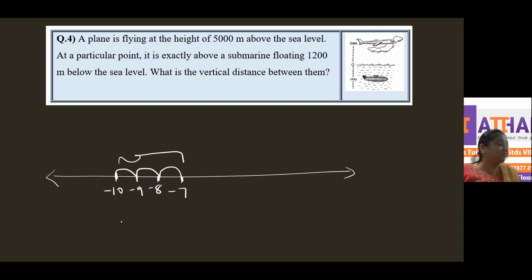Distance is always positive. Just because one of you is standing at -7 and the other at -10, doesn't mean that the distance between you both is -3, because distance is never negative. That's the reason. Numbers can be positive or negative or 0. Now your score can be a negative score. But if I say the distance between Trichy and Chennai is -500 kilometers, it's funny, right?